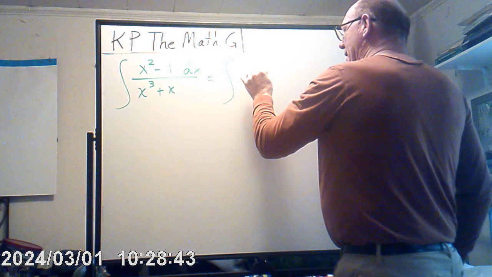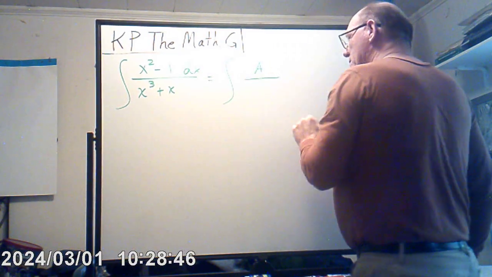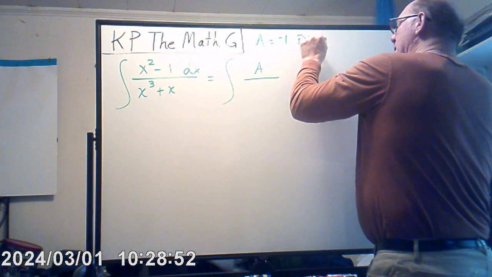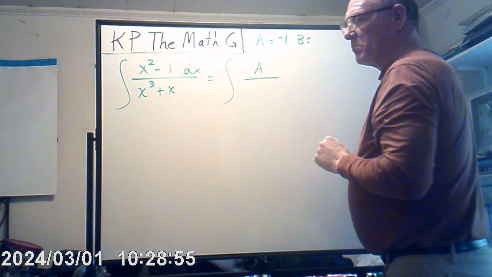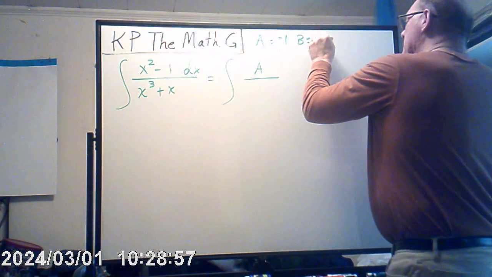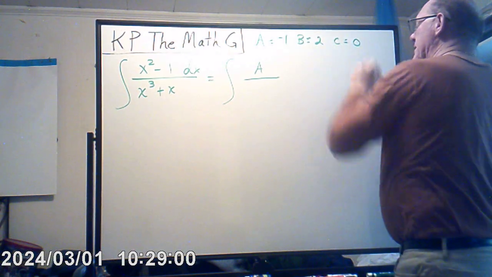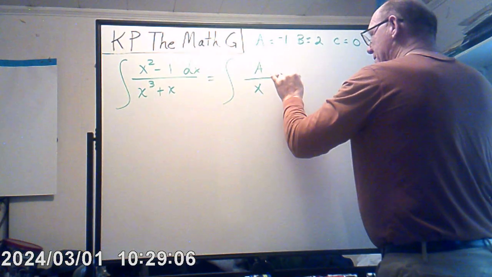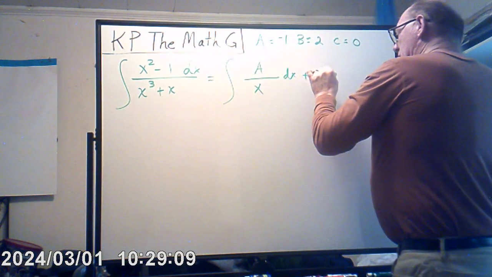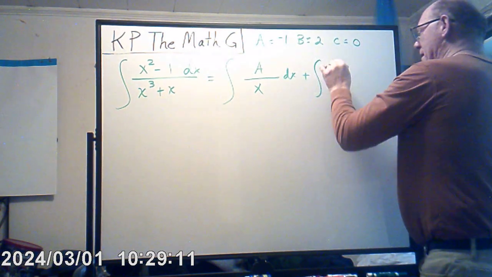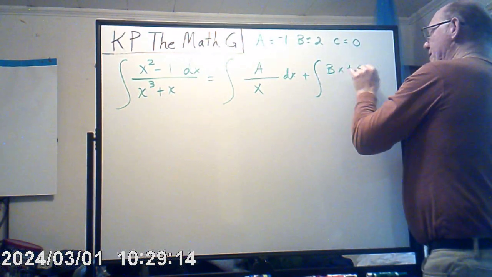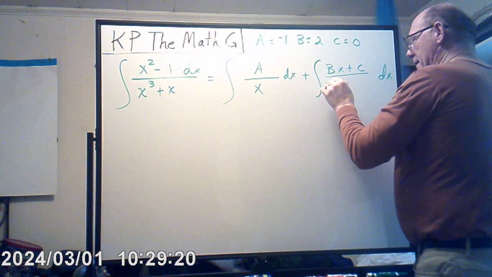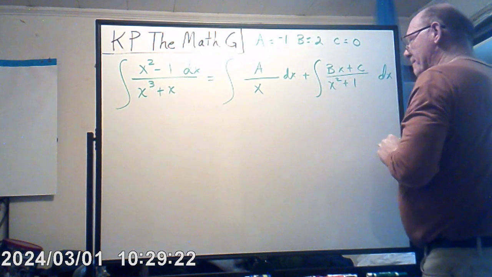Now we had A, and remember, A is -1, B is 2, and C is 0. We're going to double check that. Now we had A over x dx, plus integrating Bx plus C, that's dx here, over x squared plus 1, right?